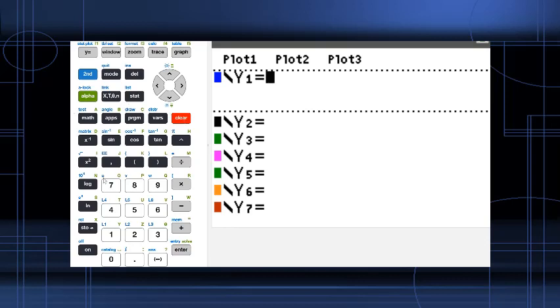So 2x caret 3, move the cursor, minus 4x squared, minus x plus 5. So let's check the graph of this thing.